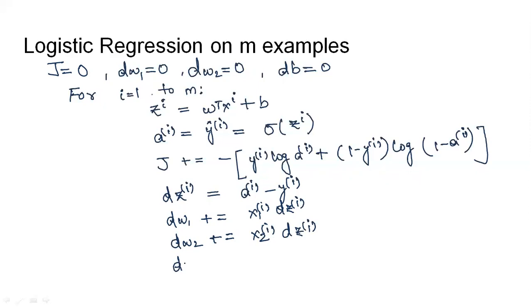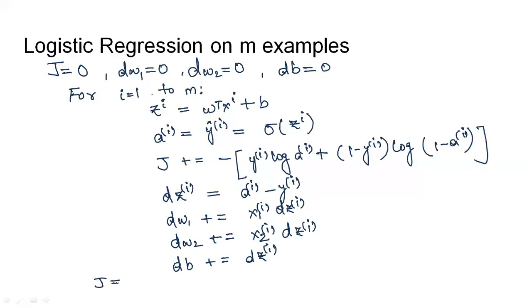And for updating with respect to the intermediate variable b, it would be db plus equal to dz(i).